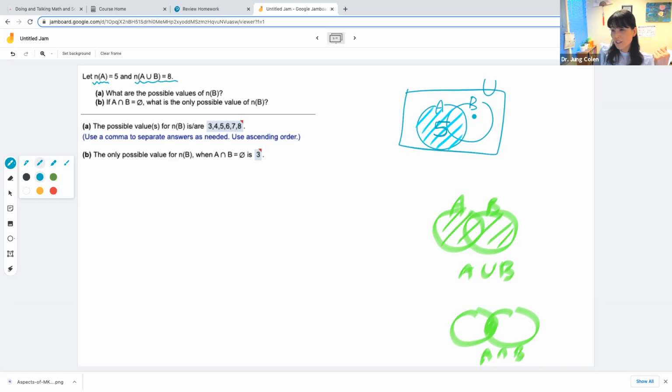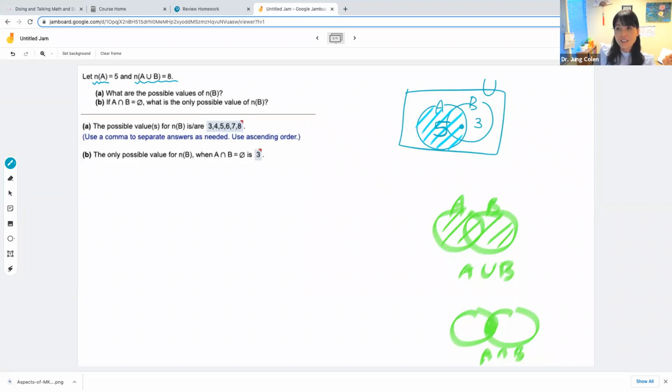So this part and that part together has to be 8. Then definitely we know that this part here, the white part in B, is 3. But do we know how many we have in this intersection part? We don't, right?